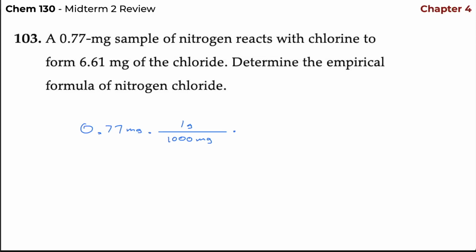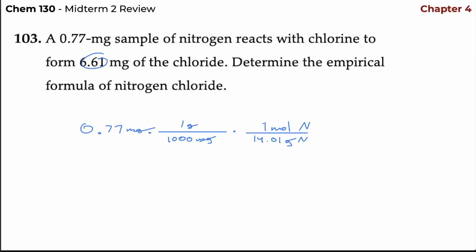This milligrams, 1 gram. And then we're going to multiply it by the molar mass, which is 1 mole over, again, to cancel it out, we got to put the grams at the bottom, right? So 14.01 for nitrogen, right? And then cancel, cancel, cancel, cancel, right?